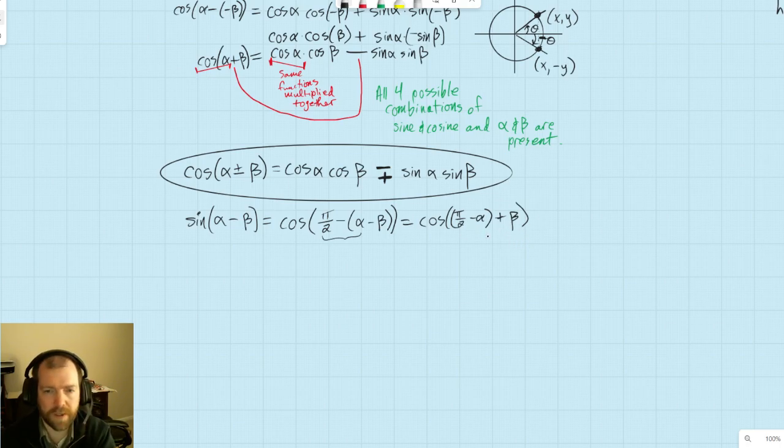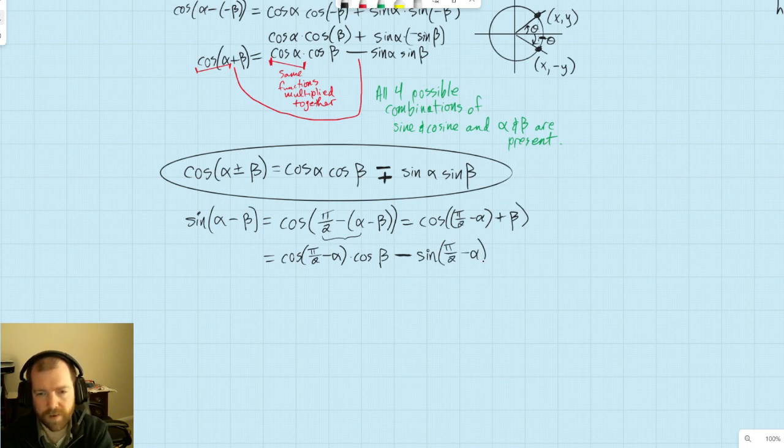And then we want the cosine sum formula. So that's going to be equal to the cosine of pi over 2 minus alpha times the cosine of beta. Between them is addition, so between the functions is going to be subtraction, minus the sine of pi over 2 minus alpha times the sine of beta.